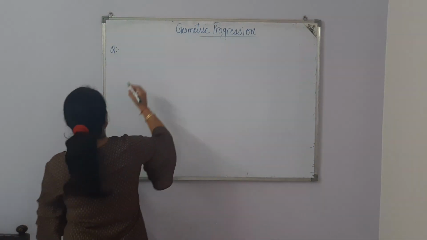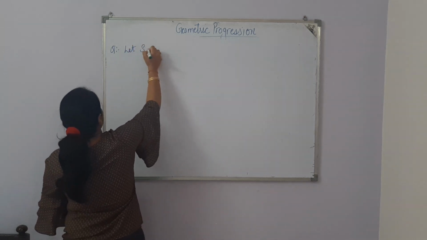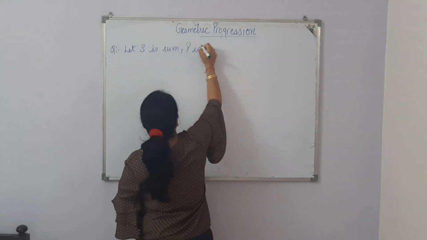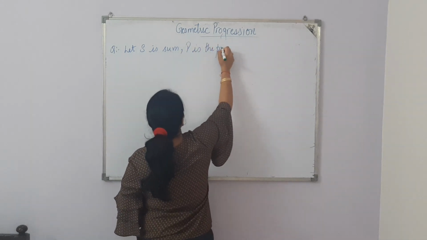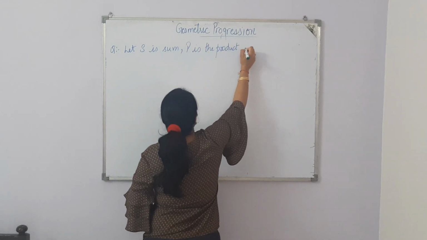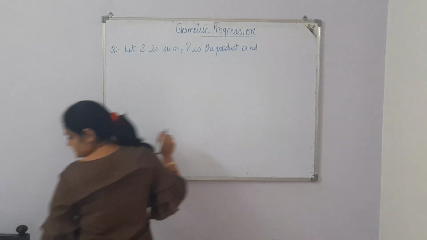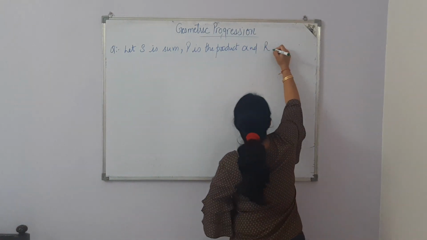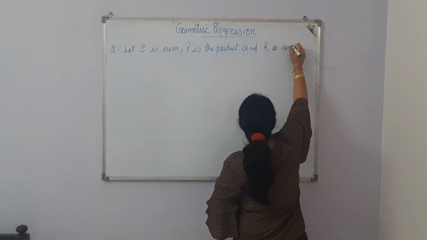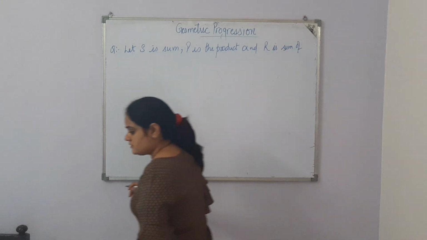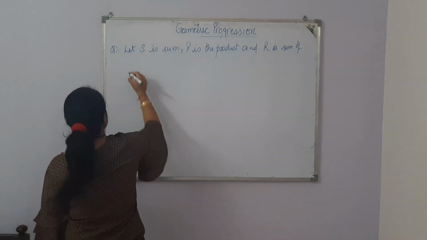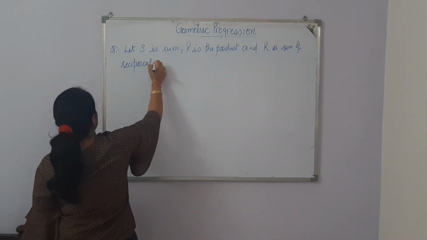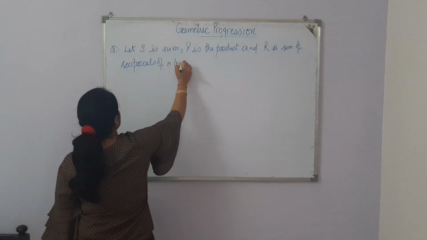Now the question is: let S be the sum, P the product, and R the sum of reciprocals of n terms of a GP.